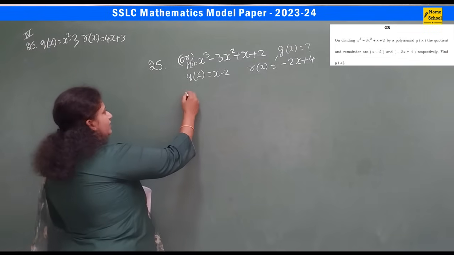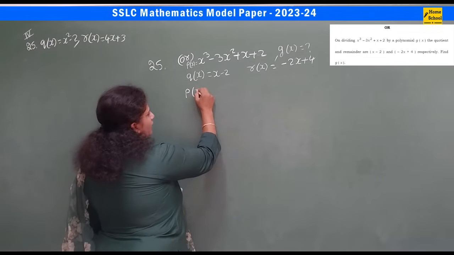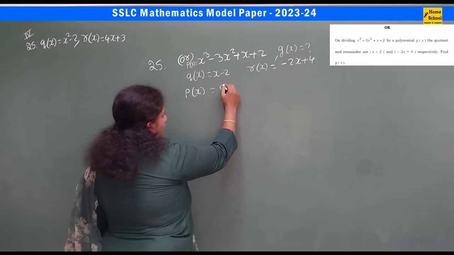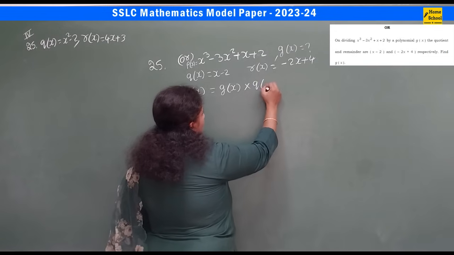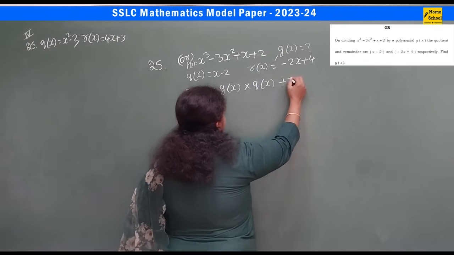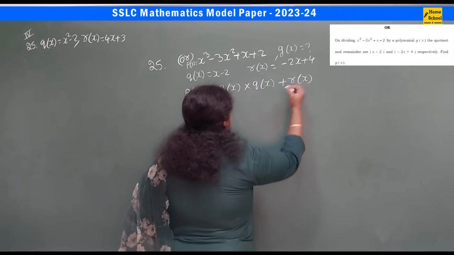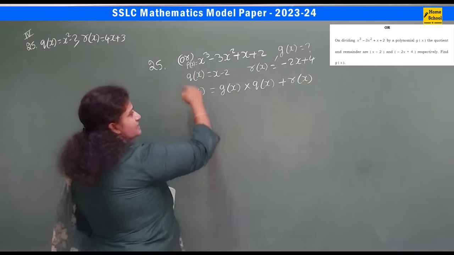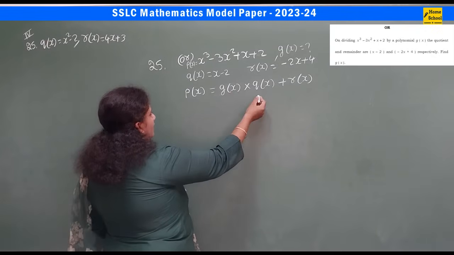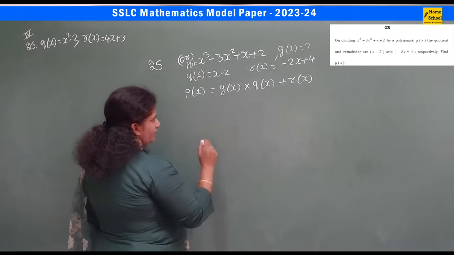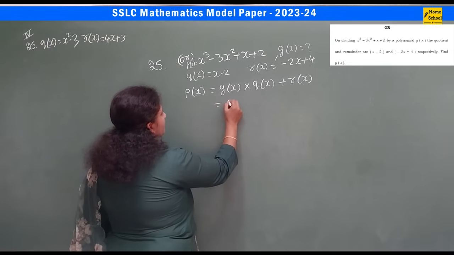So we know the relation p of x is equal to g of x into q of x plus r of x. They did not give it as a p of x. We have to assume it. And now we need to find g of x. Rearrange this.